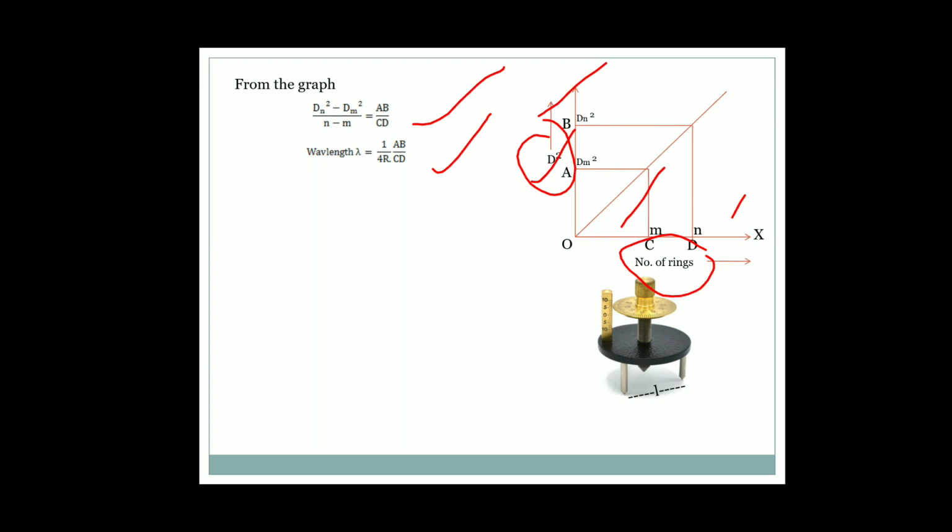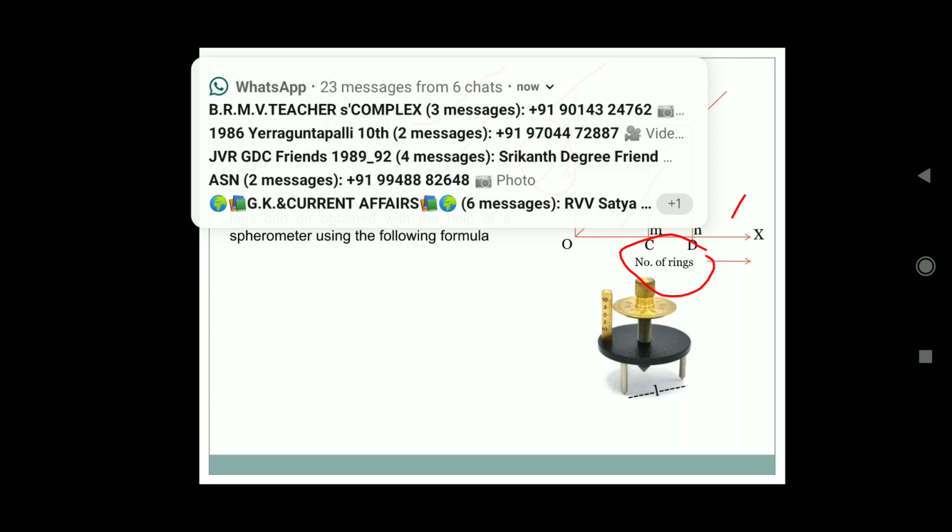When we substitute the graphical values AB and CD into this equation, we can determine the wavelength of light, where R is the radius of curvature of the plano convex lens, which can be determined using the spherometer.